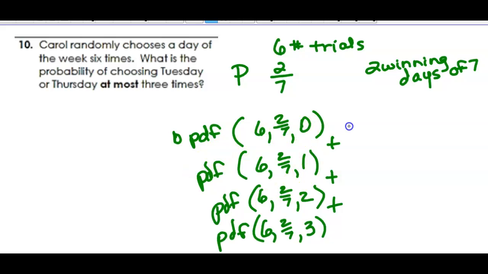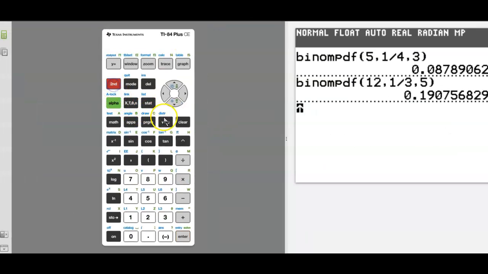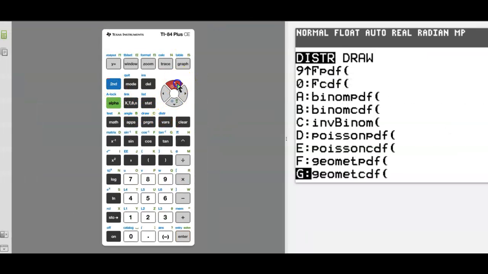But there's a shortcut. You can do the combined probability of 0 to 3 times. And that's Binomial CDF for combined probability. When you do that on your calculator, it brings up this little list.